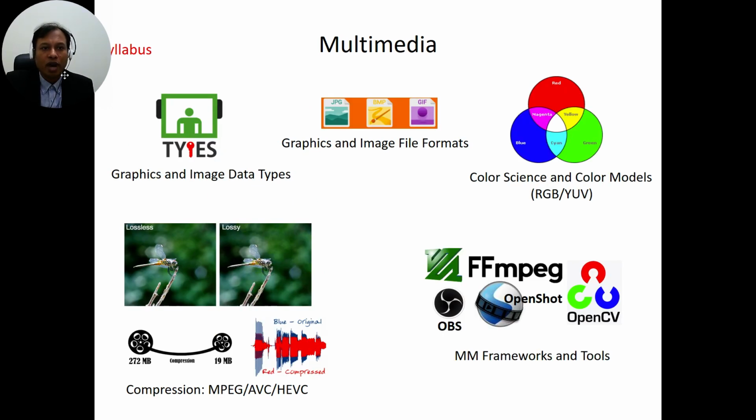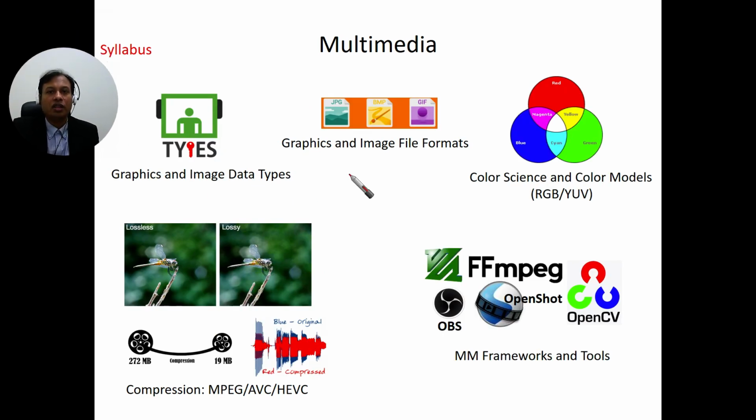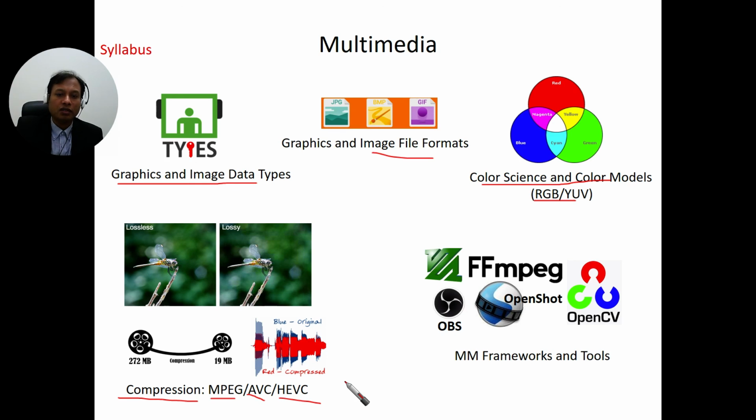So the syllabus is a one-to-one mapping of the outline that we provided. We'll be seeing image data types and image file formats, and then various kinds of color models, for example, the RGB color model and the YUV color model. In compression techniques, we'll be seeing both lossy compression and lossless compression, and this will include MPEG, audio and video compression algorithms, AVC, that is advanced video coding, and even the latest VVC, that is versatile video coding.